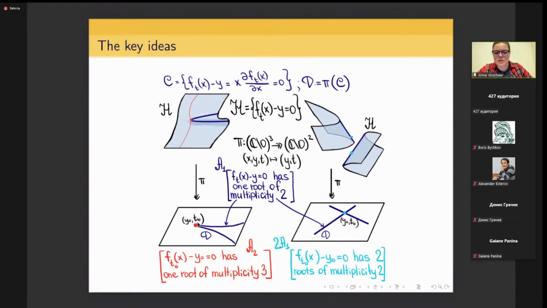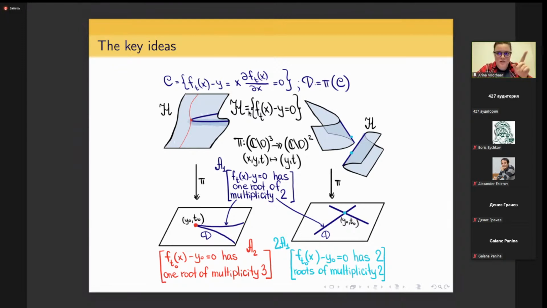Cusps are going to be precisely the points of the form y0, t0 on the curve D, such that if you plug them in your polynomial, then you get a polynomial in X that has exactly one root of multiplicity 3. So the number of these cusps would tell you how many polynomials of the family f_t,x belong to the caustic. And that's an important part.